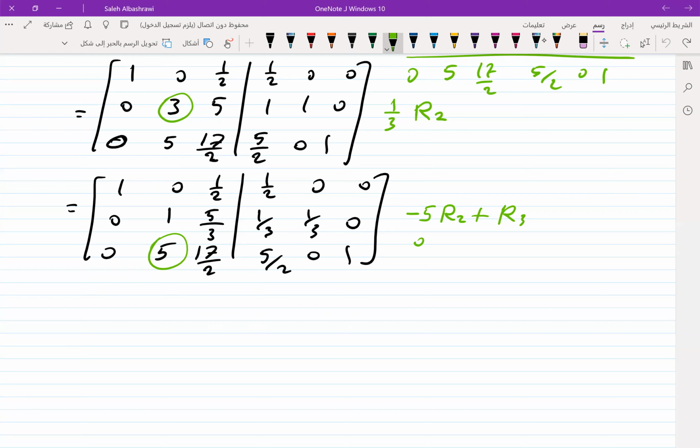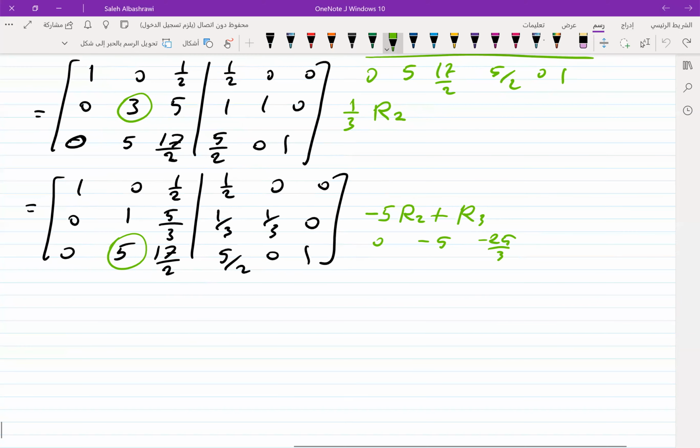I will have 0, minus 5, minus 25 over 3, minus 5 over 3, minus 5 over 3, and 0. This is R2 multiplied by minus 5. R3 is 0, 5, 17 over 2, 5 over 2, 0, and 1.